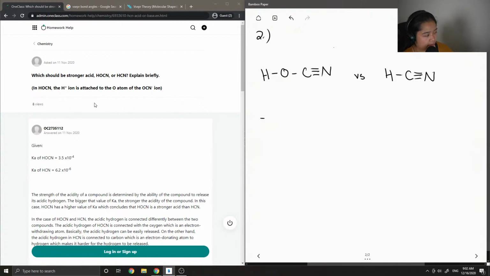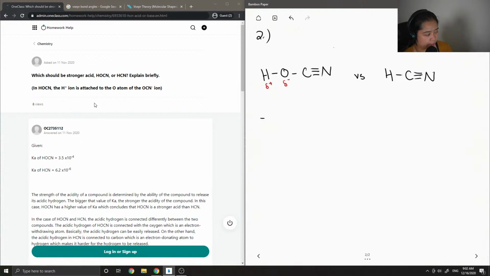and because of this oxygen atom, since it is more electronegative than the hydrogen, it induces a positive charge on our hydrogen atom. So we can also show where the partial charges would be.